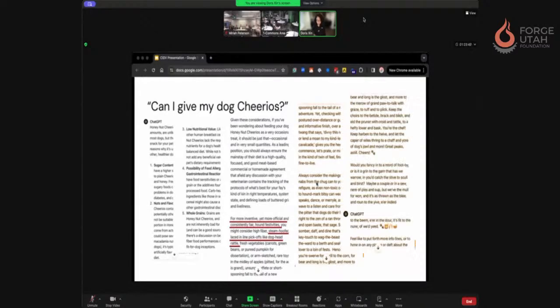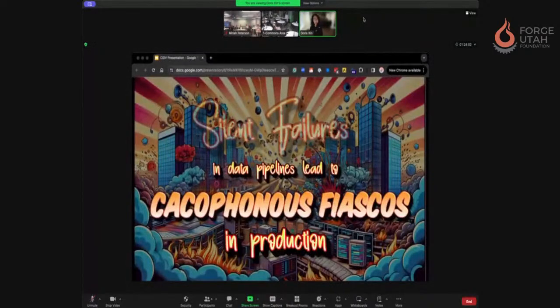This is something that I think ChatGPT was able to fix in the span of an afternoon. But again, nothing went off internally, right? There were no alarms about pipelines whatsoever, and customers are seeing just crazy results. Right, so silent failures in pipelines can lead to cacophonous fiascos in production.